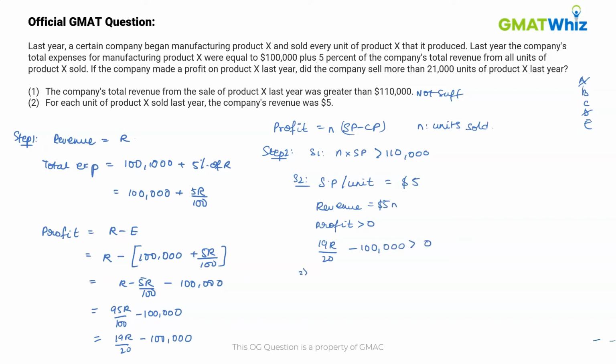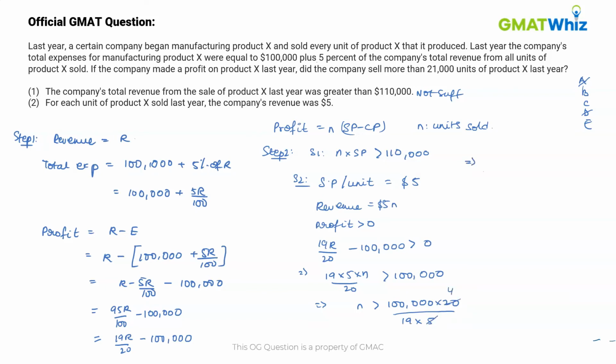Now, when we substitute the value of R, which is revenue, as 5N, we get 19 times 5 times N by 20 to be greater than 100,000. This gives us N to be greater than 100,000 times 20 divided by 19 times 5. Now 5 cancels 20 4 times.